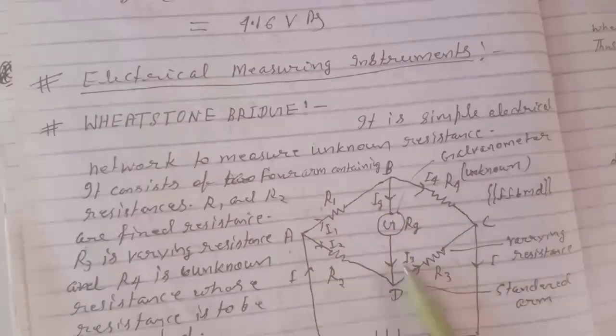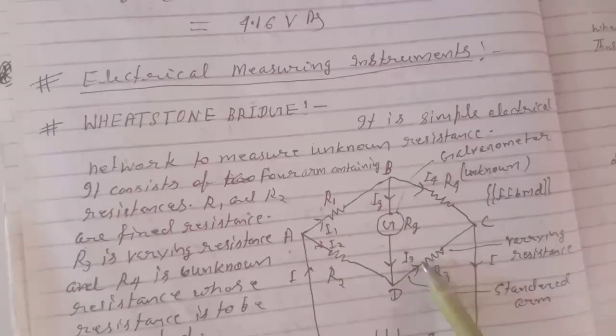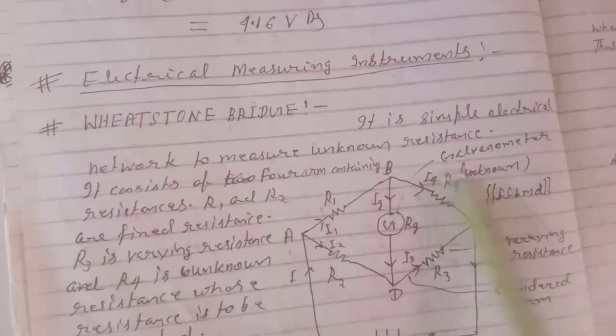Here it is shown, Wheatstone bridge. This is R1, R2, R4, R3, and R1, R2 are known resistances, R3 is a variable resistance. We can vary this value, and R4 is unknown, which we have to calculate.